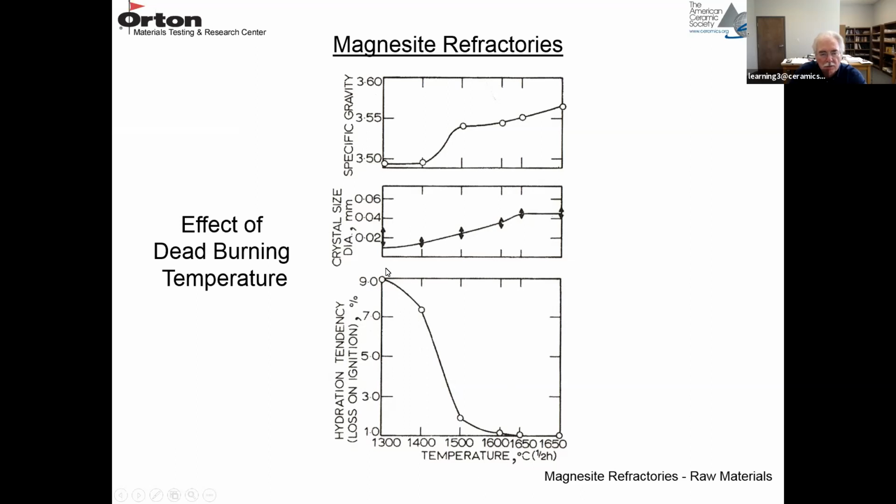So that drops off rather quickly at about 1600, 1650 degrees C. So you have to make it dense to prevent it from rehydrating and forming the magnesium hydroxide. It's not a fast process, it's relatively slow. It's not the same as when lime rehydrates, which is a fast process. It's a much slower process, but it still can hydrate.